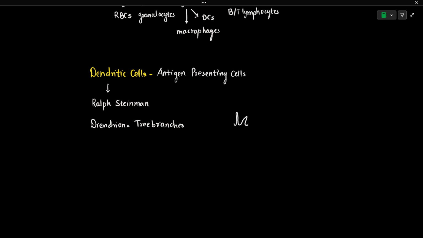Something like this. This is how this cell looks. This is a bit of an exaggeration of the projections, but this is somewhat what it looks like. It has structures like dendrites, and that is why it is named dendritic cell.